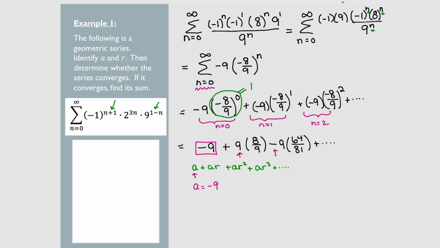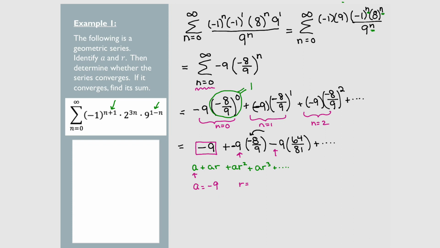Now the R value, well, it would probably have been better, and let me do it this way, if I had kept the negative on the 9 and the negative on the 8 to show, first of all, that my A term each time is negative 9. But secondly, it shows me what I have to multiply by to get each term thereafter, right?